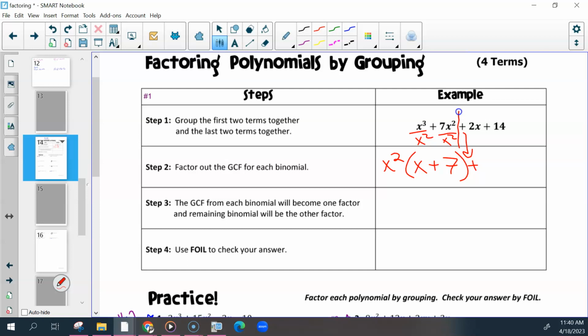What do the second 2 have in common? Yes. We could divide both by 2. So we're going to put the 2 in front. What would be left if we divided those both by 2?